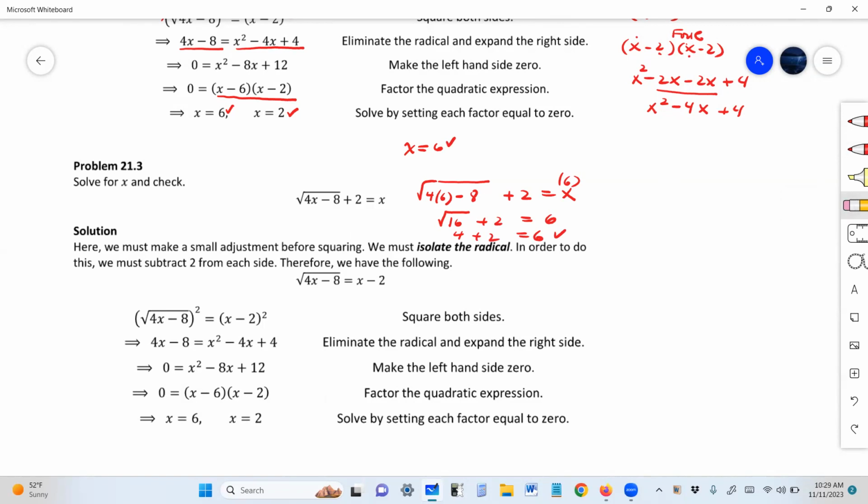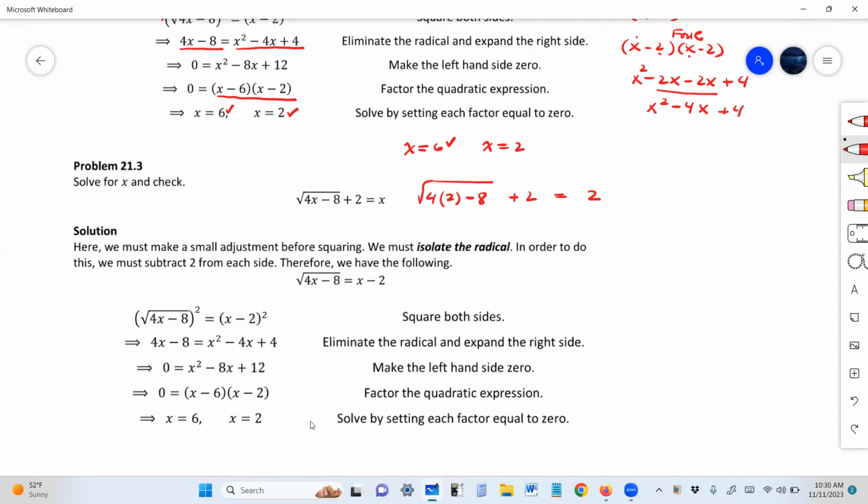All right, very good. So let's check the number 2. So again, I'm going to check x equals 2 now. So 4 times 2 minus 8 plus 2 equals 2.